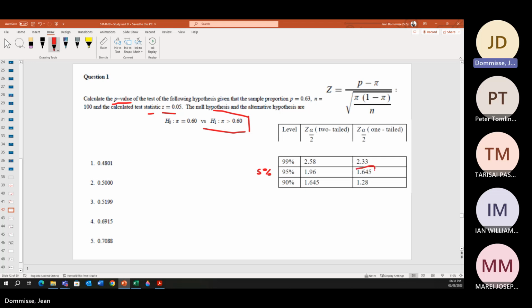So again, just following some of the other things. So the t-stat would be that. But we still need to work out what the z value is to get to the p-value.